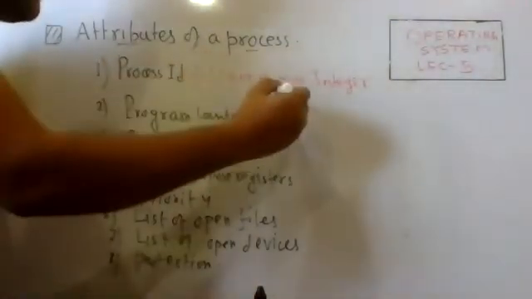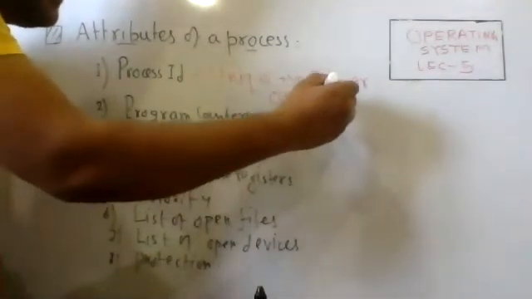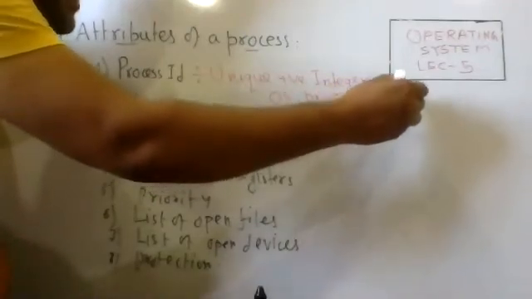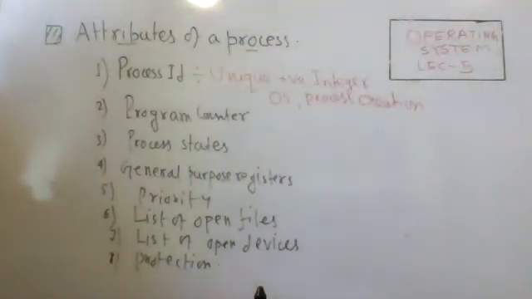This is actually assigned by OS at the time of process creation. So basically, the operating system assigns a unique positive number for each process to identify it in the system.